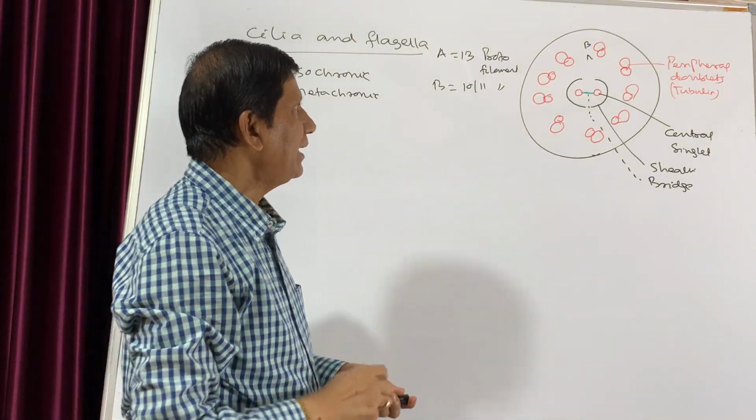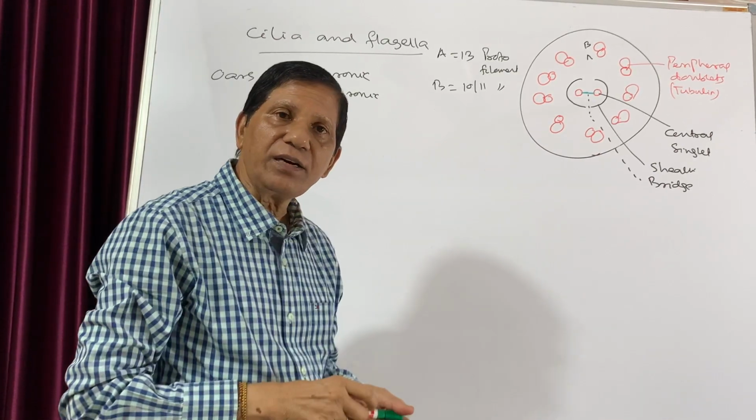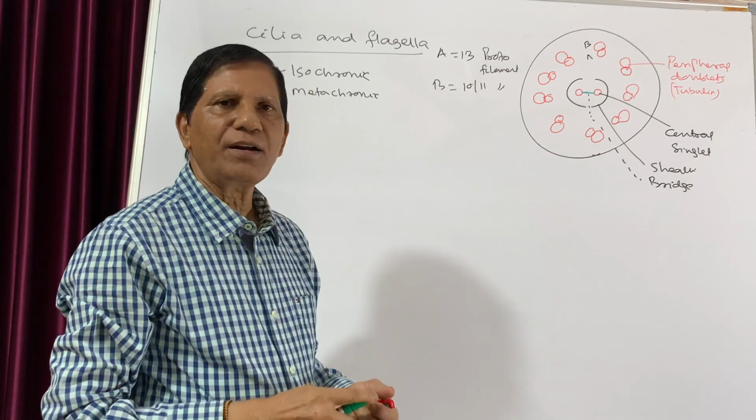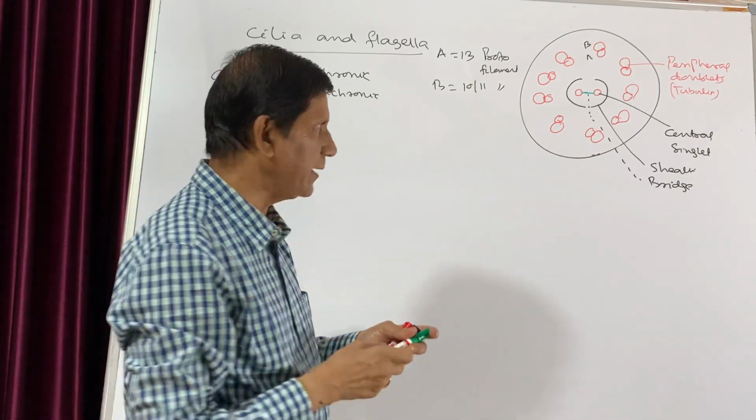Now the B of one is connected with the A of another by means of linkers, and the linkers are made of the protein nexin.